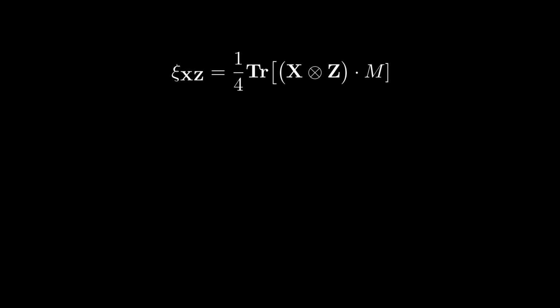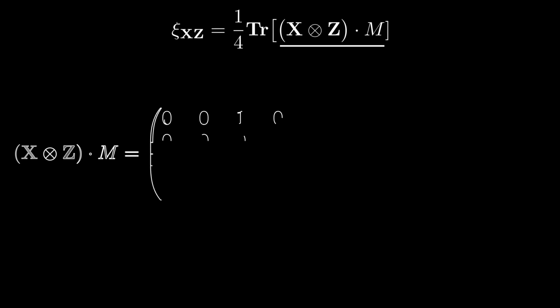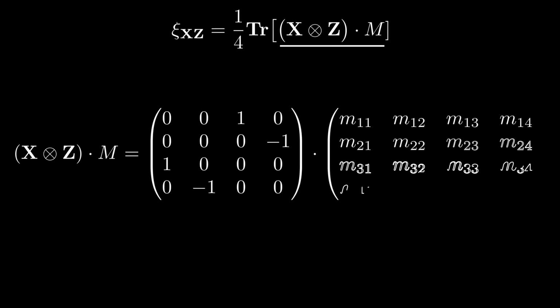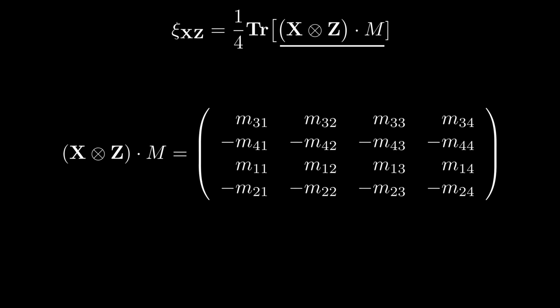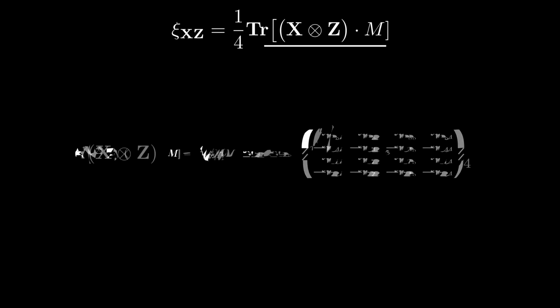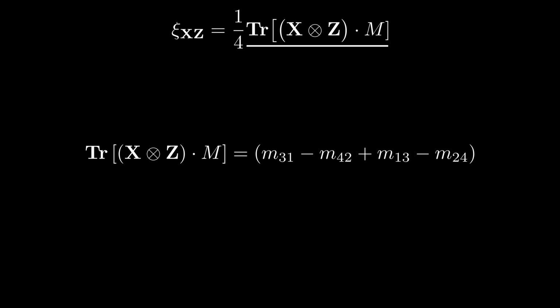Let's first focus on getting the matrix product. To do this, we first evaluate the tensor product of sigma x and sigma z, then matrix multiply this with our input matrix M. This gives us a single 4x4 matrix, which we can then use to evaluate the trace and finally multiply it by our normalization factor.